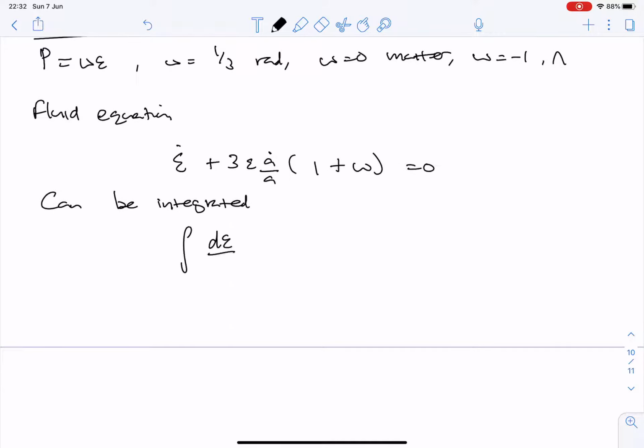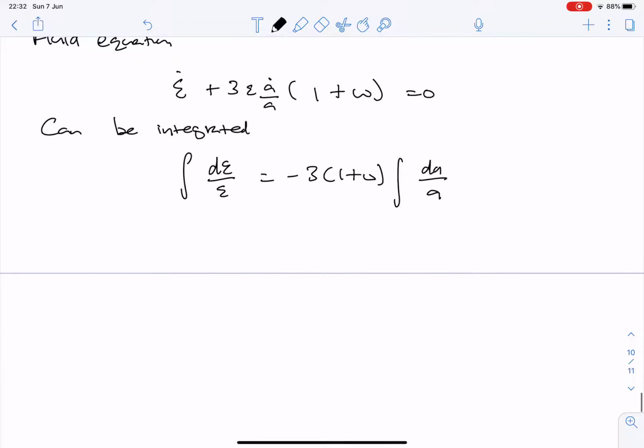So the integral of dE over E is equal to -3, 1 plus w, the integral of da over a. Which obviously gives us a logarithmic solution, but we can then take that out, so that you get E of t is just equal to E0 a of t to the -3, 1 plus w.